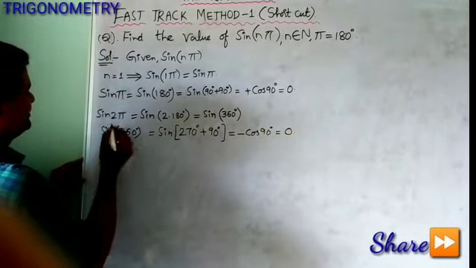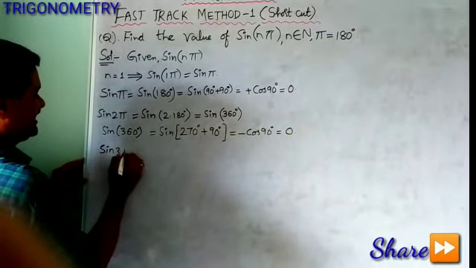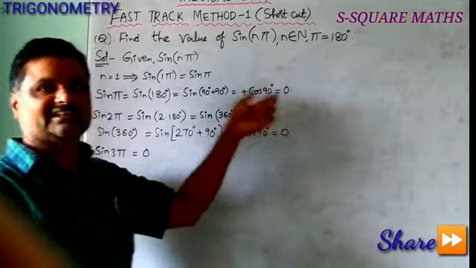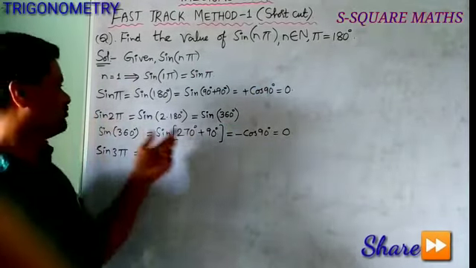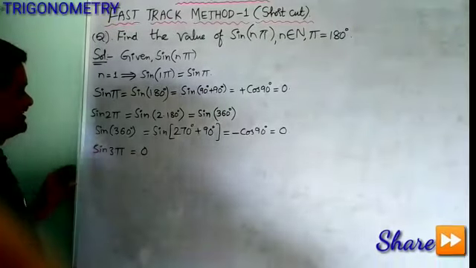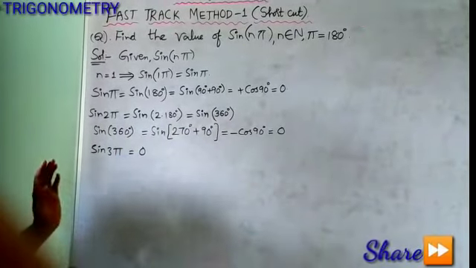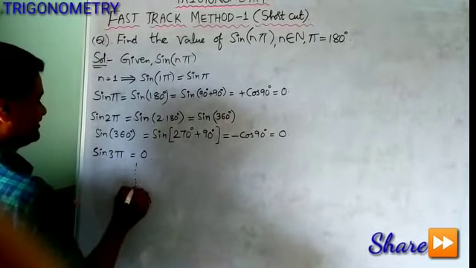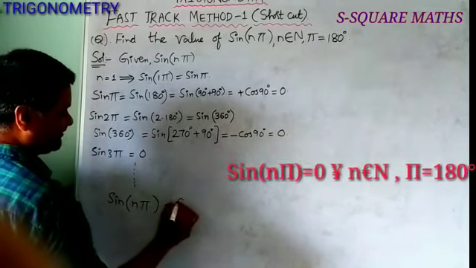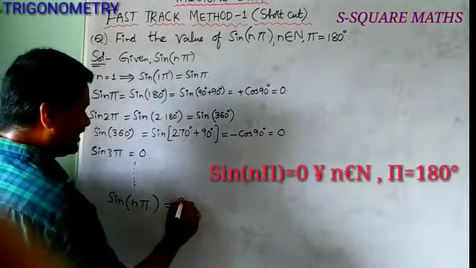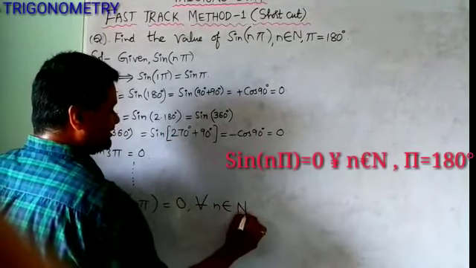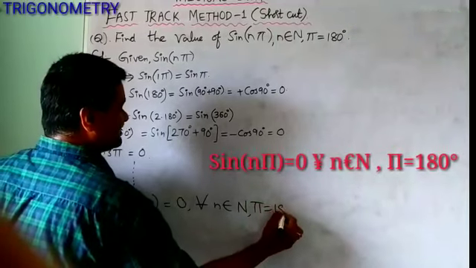Meanwhile, sine 3 pi also we are going to get as 0. We got sine pi, nothing but sine 180 degrees, as 0, and sine 2 pi, nothing but sine 360 degrees, as 0. Again, if we consider sine 3 pi, we also get 0. So we can generalize now: sine of n pi is always 0, for all n belonging to natural numbers and pi equal to 180 degrees.